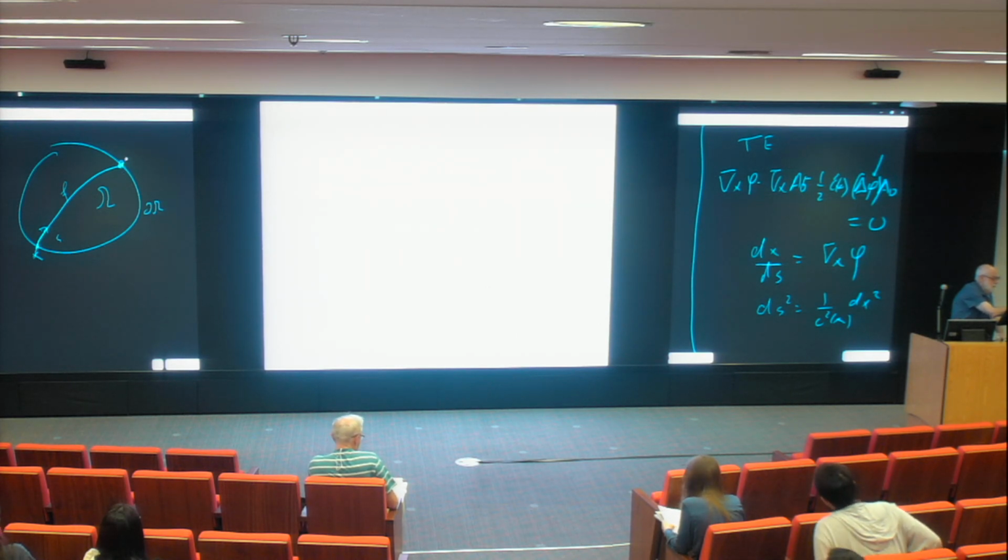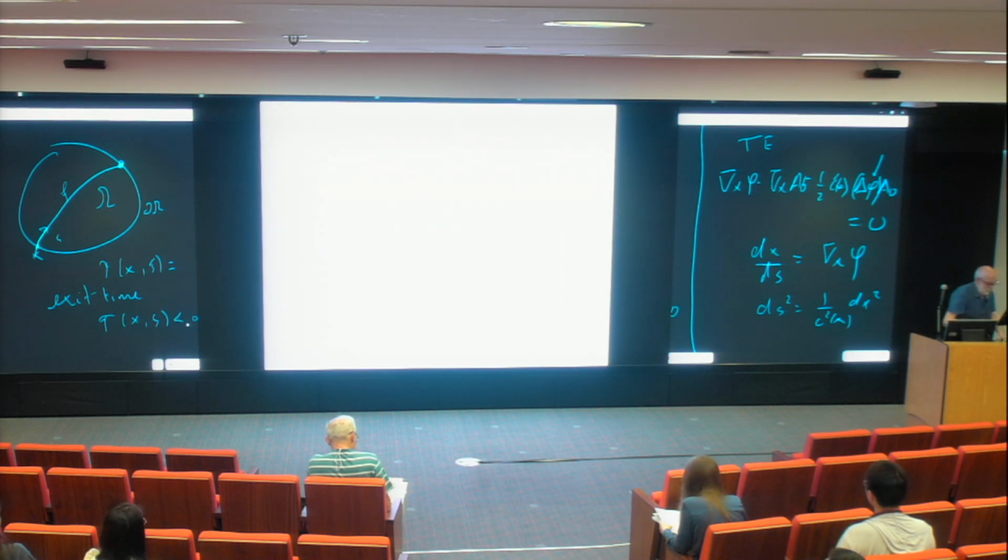That means there is an exit time. This is finite, and it's assumed to be finite for all xc. It's called non-trapped geodesics. So this is the geodesic starting from the point x in direction c.